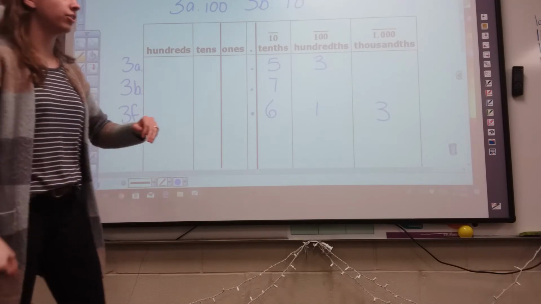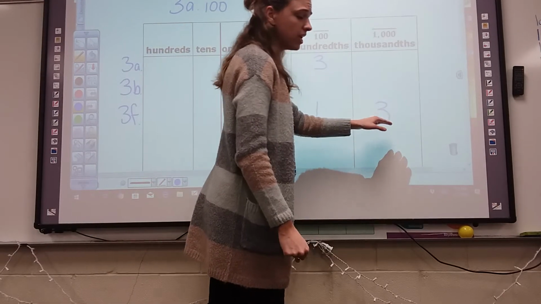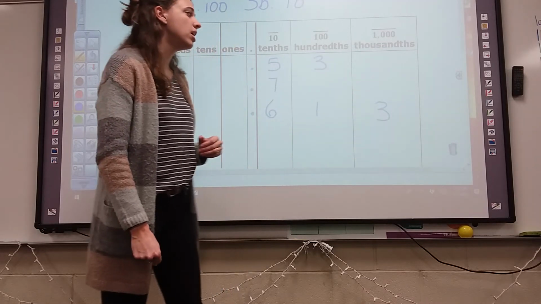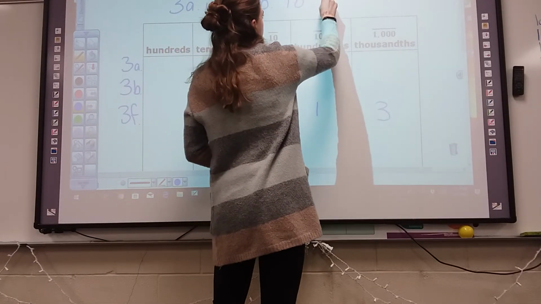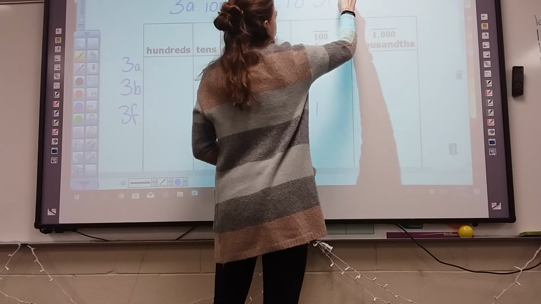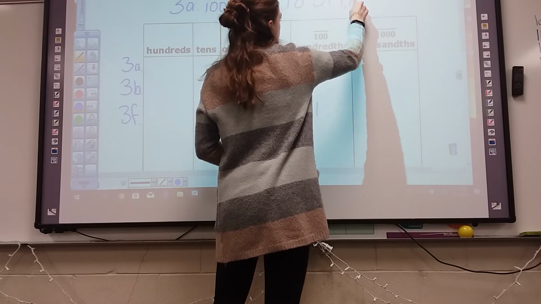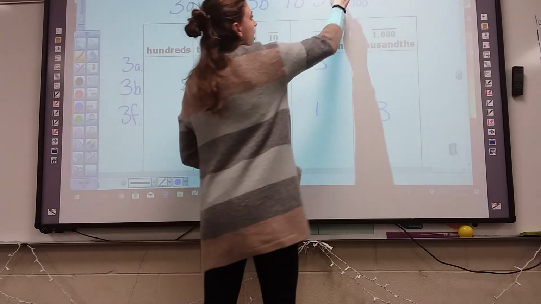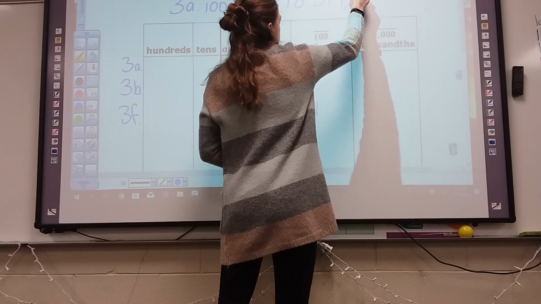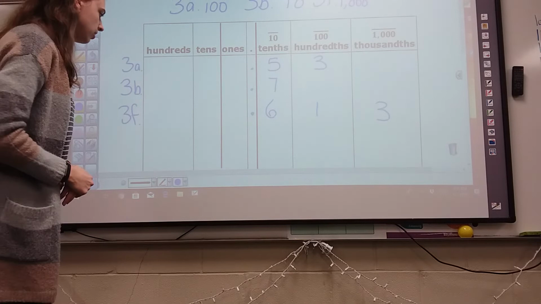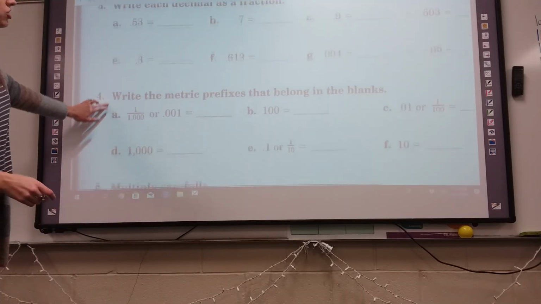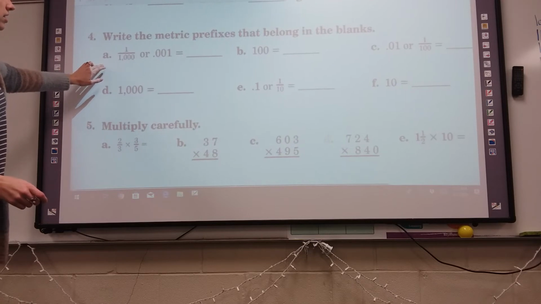All right, now the 3 is in the 1000ths place, so we're going to label it as a fraction in the 1000ths place. So this is going to look like 3f, because the last place value is in the thousands place. It's going to be over 1,000, and it's going to be 613/1000.